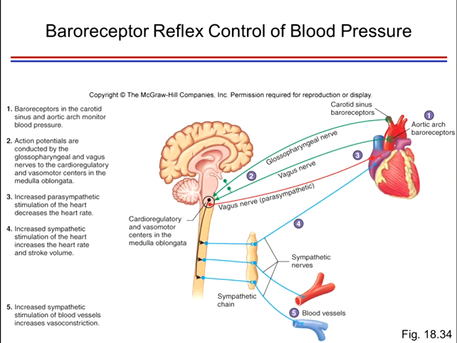The sympathetic nerves will cause vasoconstriction, and they will also trigger the increase in cardiac output, so an increase in rate and strength of contraction, with epinephrine and norepinephrine being released in conjunction with the activity of the sympathetic nerve fibers.